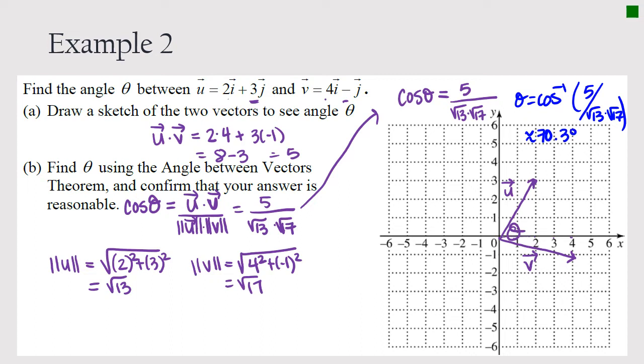That makes sense because if this whole thing is 90, this is a little less than 90, so it looks right in the picture. That is a really great formula you can use to find the angle between vectors, and it will come in handy when we use the law of cosines or the law of sines.